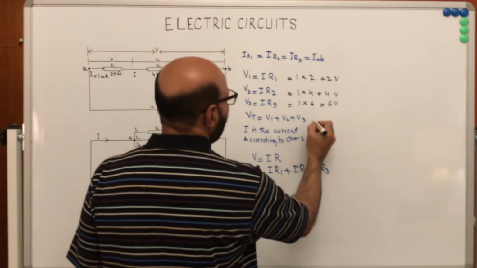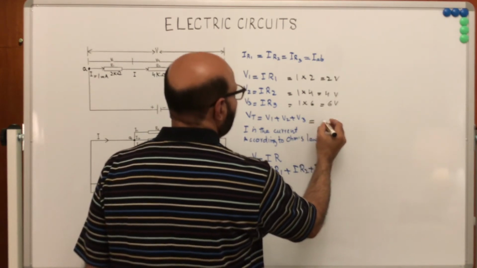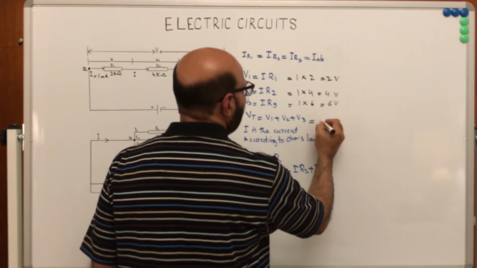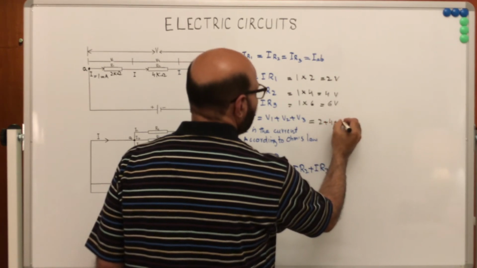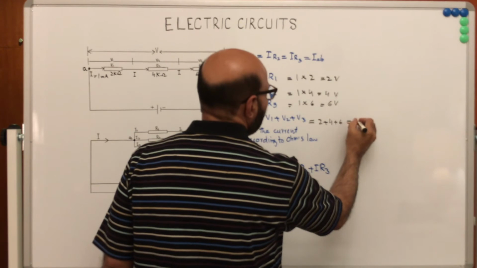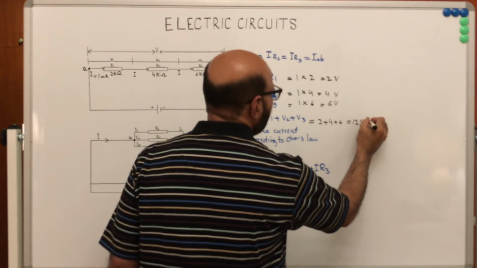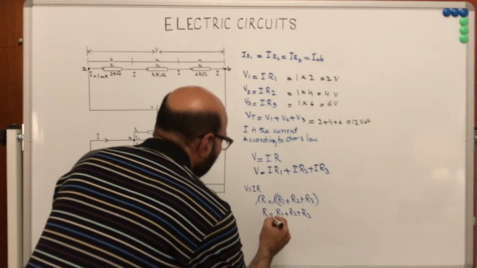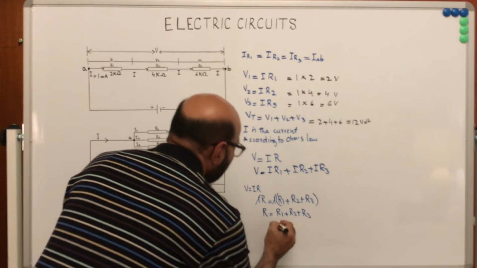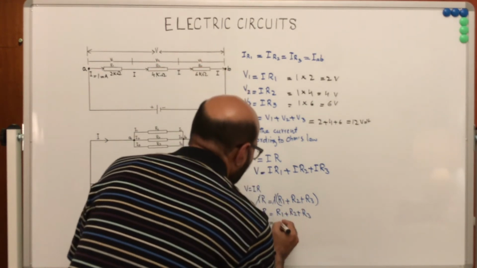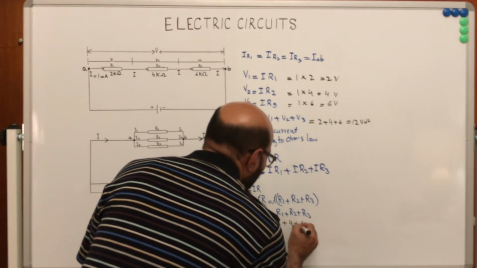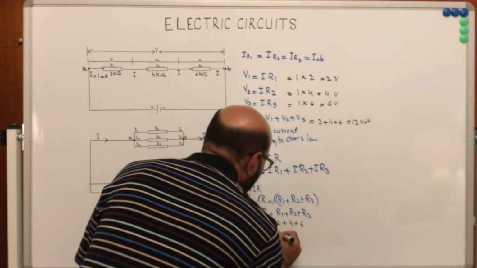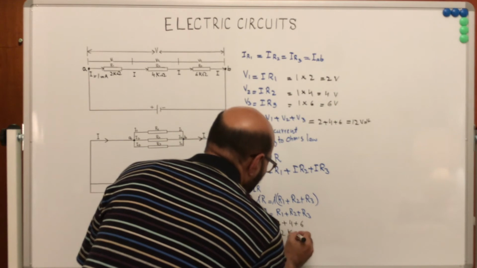So the total voltage in a series circuit is the sum of the individual voltages: 2 plus 4 plus 6 is equal to 12 volts. The total resistance is 2 plus 4 plus 6, which is equal to 12 kilo ohm.